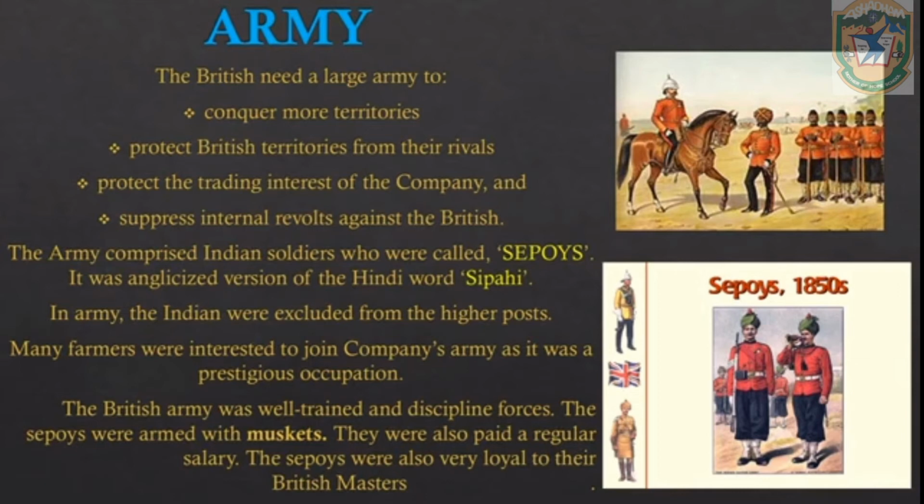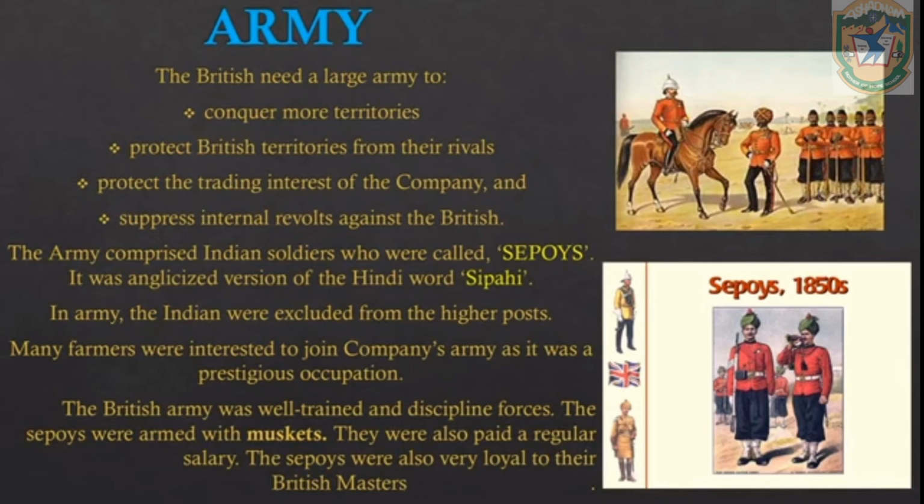The bulk of the company's army consisted of Indian soldiers, and they were known as Sipahis or Sepoys. The number of Indian soldiers in the company's army was about 2 lakhs in 1850. They were paid regular salaries and were trained in the use of the latest weapons at the time.